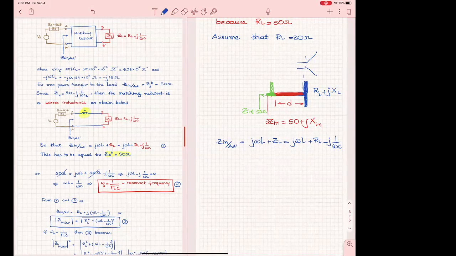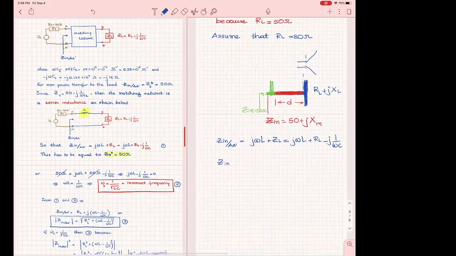Okay? Which means then that my Z in is going to be R sub L, as a function of frequency, of course, plus, here I will write it as the following, plus J omega L times 1 minus 1 over omega squared LC.